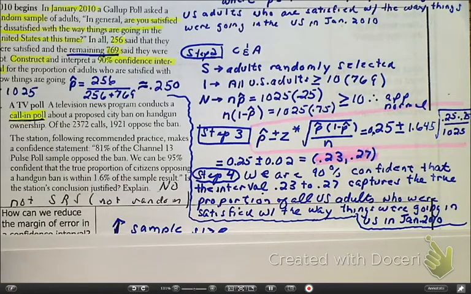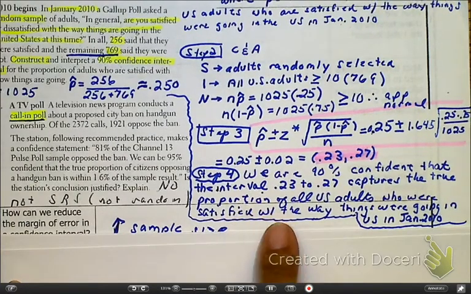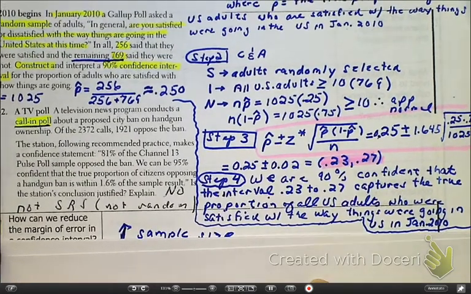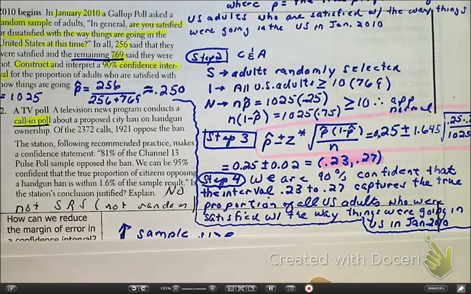Now, before we do that, I want to discuss this conclusion and just give you a basic scenario. This is not in the book or anything. But what if it was another poll, and another poll concluded that 29% of the people were satisfied? And the question is, how does that compare to the results that we have here?